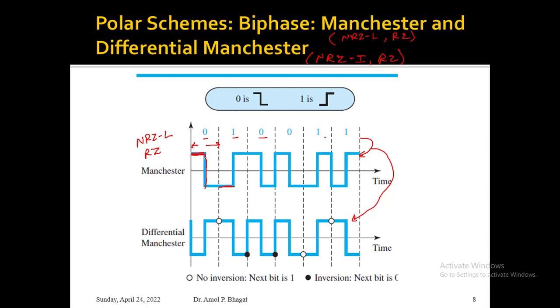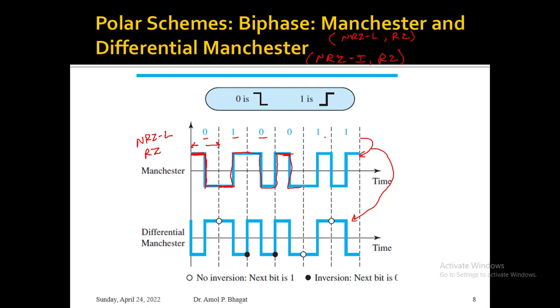0 is represented by positive voltage, and the signal returns to 0. 1 is represented using negative voltage, and the signal again returns to 0. The next bit is 0, represented by positive voltage, and the signal again returns to 0. Then the next bit is again 0, represented using positive voltage, and the signal returns to 0.